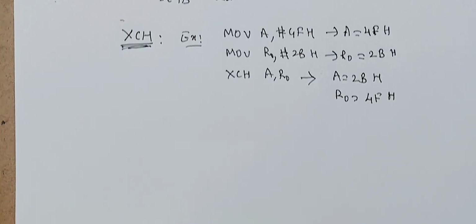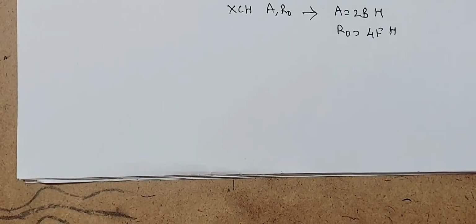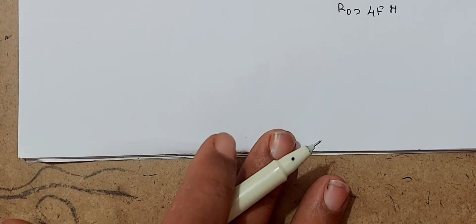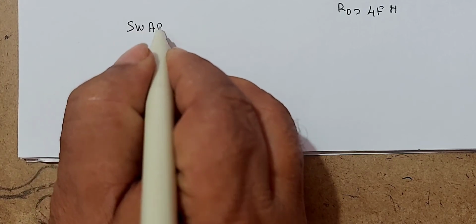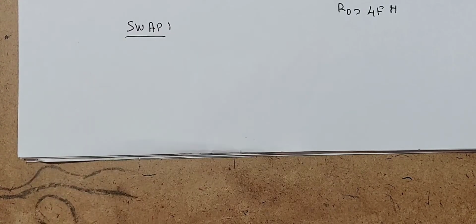Now another important instruction is swap. SWAP is a 4-letter instruction, used among the arithmetic instructions in 8051.